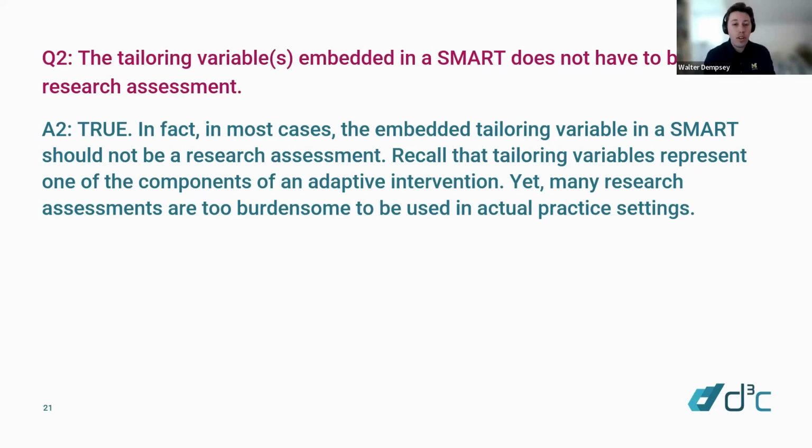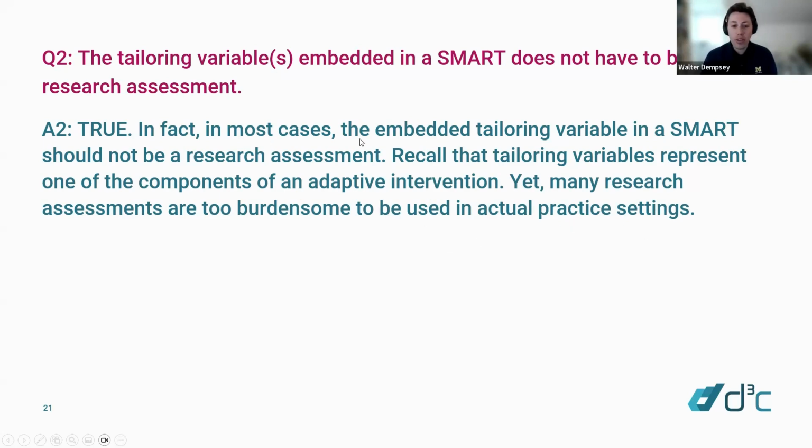So the question that often gets asked is, I have a bunch of research assessments, and you might use those to build your tailoring variables, but it's often the case that the embedded tailoring variables in the SMART are not research assessments, because you're trying to build an AI that isn't about research, it's about actual practice, right?